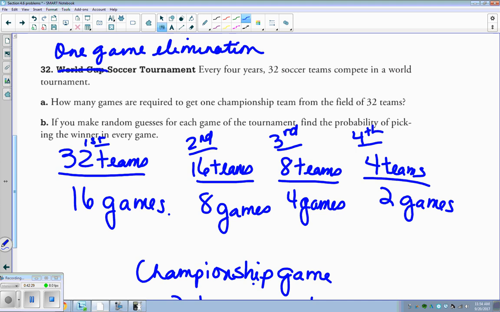How many random guesses am I going to make? 31. And find the probability of picking the winner in every game. Well, if I have a game and I have 2 teams playing and I'm randomly guessing which team's going to win, what's my probability for one game? 1/2, 1 out of 2. But how many guesses am I making? 31. So 1/2 to the 31st power. Yes.